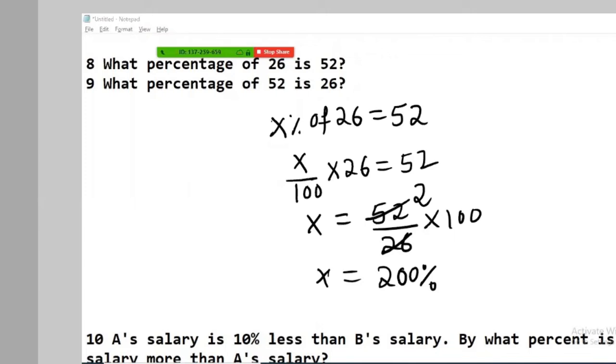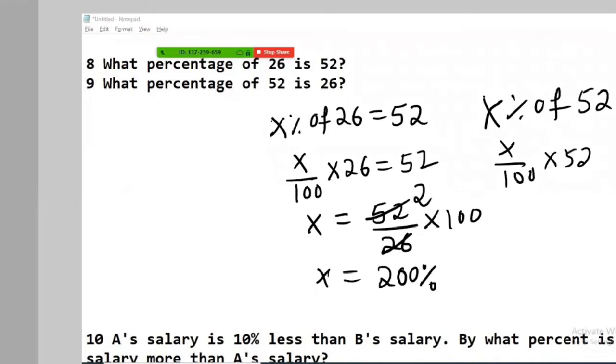Next. What percentage of 52 is 26? So X percent of 52 is 26. Then X by 100 into 52 equals 26. So X by 100 equals 26 by 52.